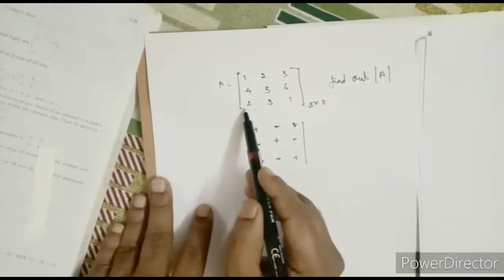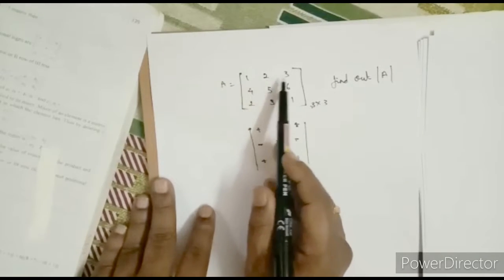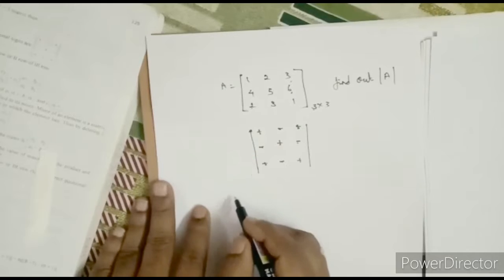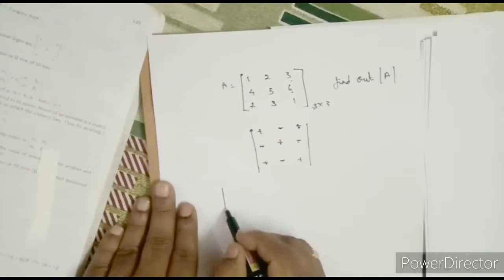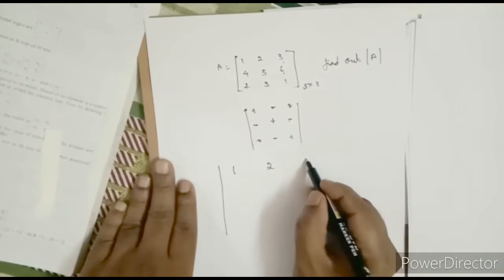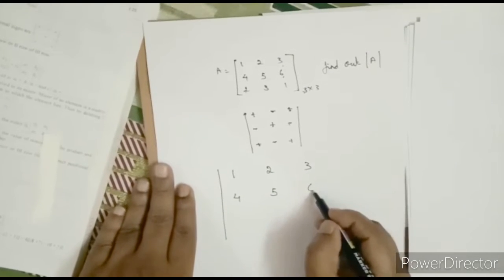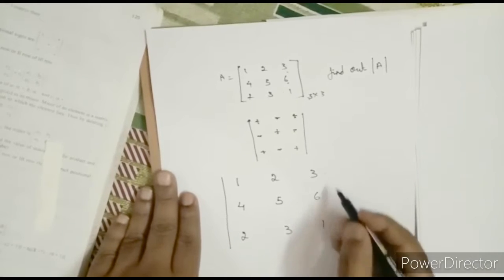As I have already mentioned, taking an example, that is 1 2 3, 4 5 6, 2 3 1. So let me write down once again to find out det A: 1 2 3, 4 5 6, 2 3 and 1.